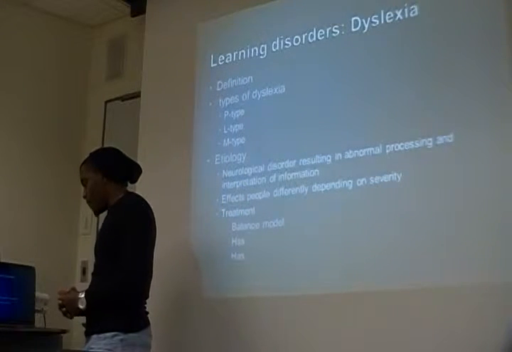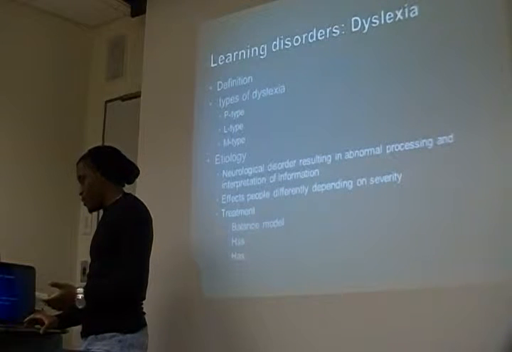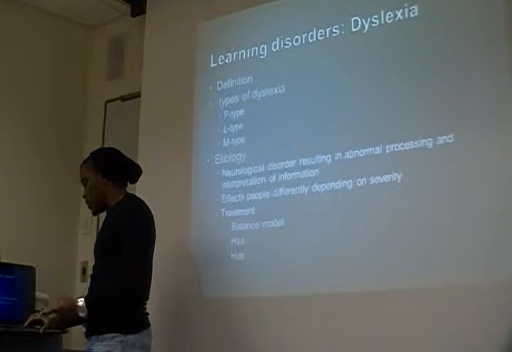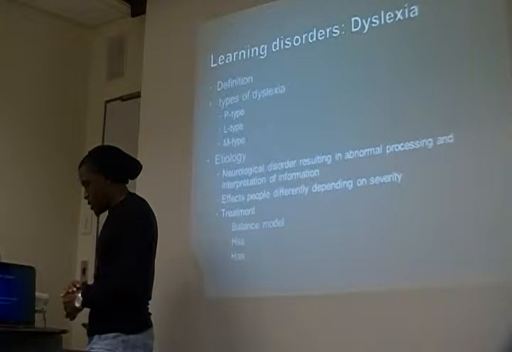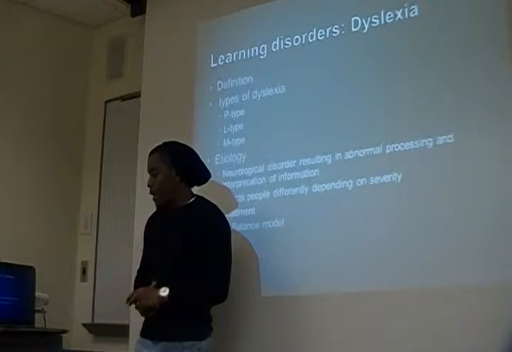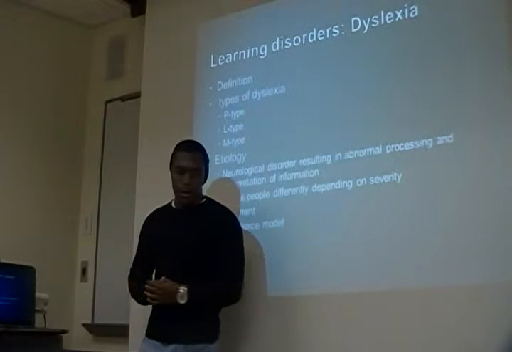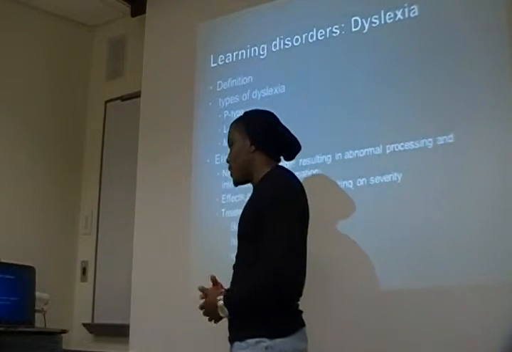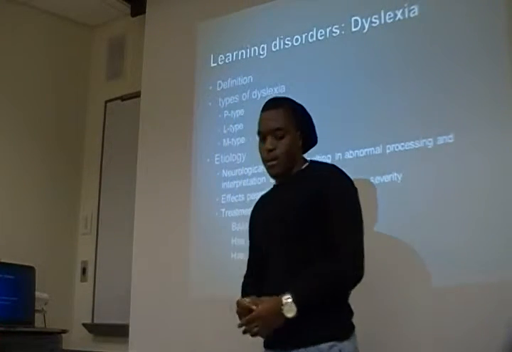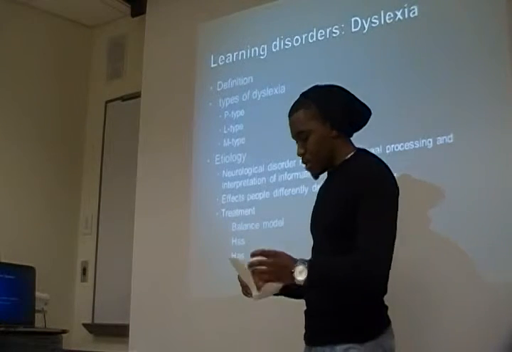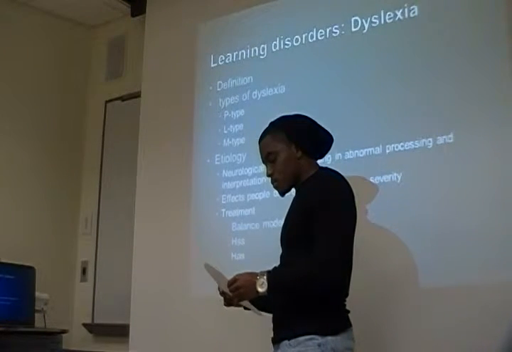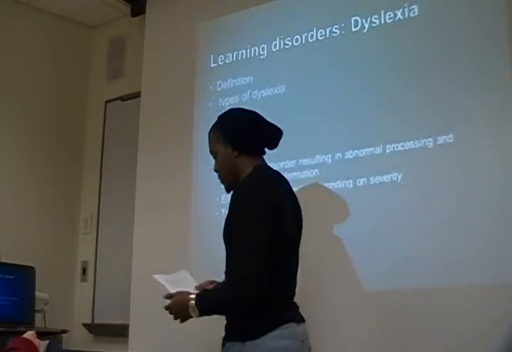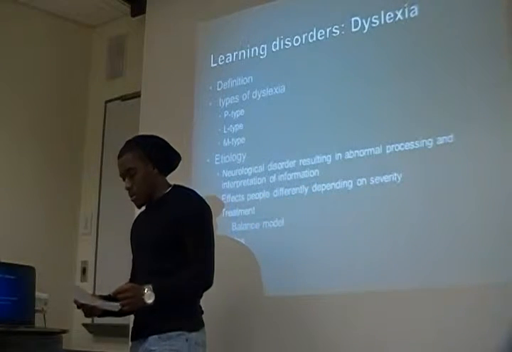So one treatment of this that I found interesting was the balance model. It was created by Baker. There are two aspects of it: the HSS, which is hemispheric spatial stimulation, and the HAS, which is hemispheric alluding stimulation.